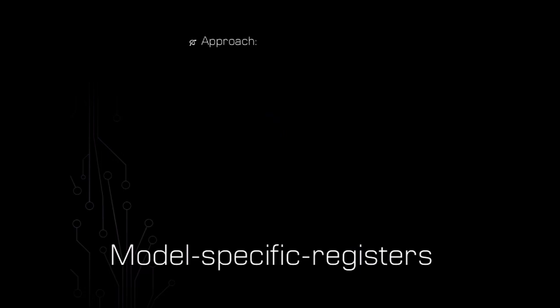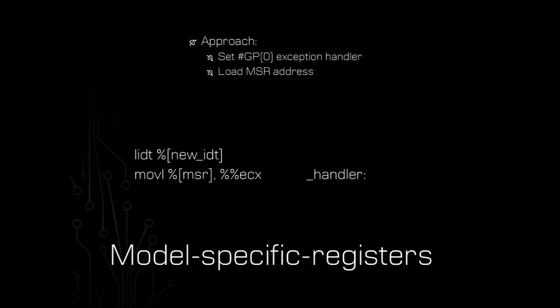And this one's a pretty easy one to solve. Basically what you can do is in a kernel module, set your general protection exception handler to be a specific function under your control. You can do that with the LIDT instruction to reconfigure that exception handler. Then you're going to load an MSR address into the ECX register. So let's say I wanted to figure out, does MSR 1337 exist on this processor? I'll load 1337 into the ECX register.